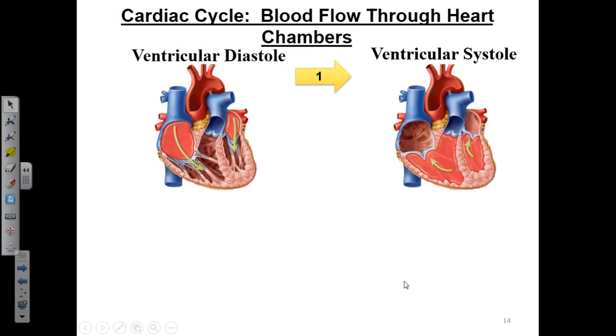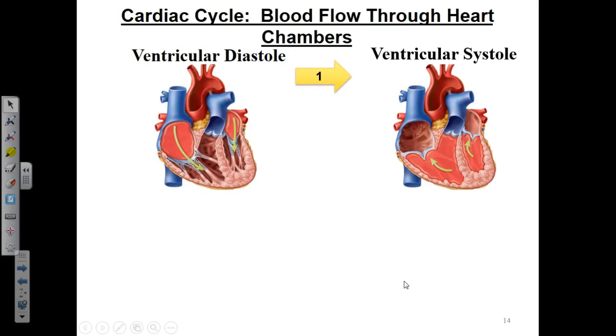Now at this point, the pressure's not high enough in the ventricles compared to the other side of the pulmonary arteries, so these valves don't open yet. So here we have the AV valves closed and the semilunar valves closed, which means there's no place for the blood that's in the ventricles to go yet. But we're still increasing the pressure in the ventricles.